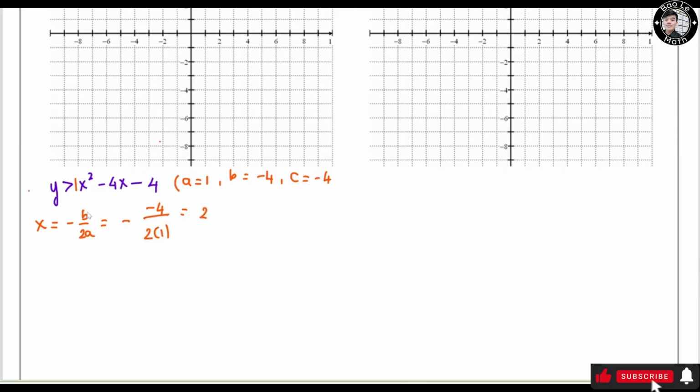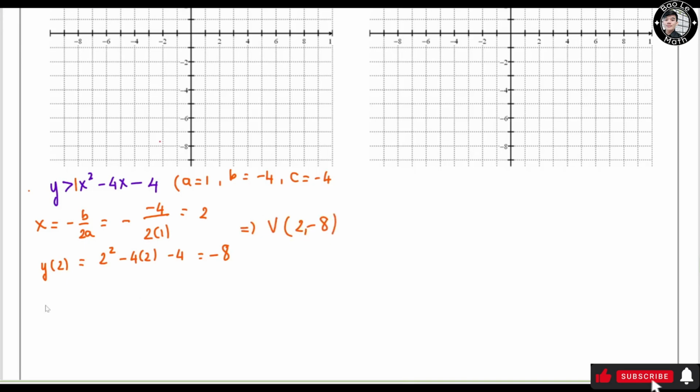Substitute 2 back over here to find the y value. So y of 2 equals 2 squared minus 4 times 2 minus 4, which is negative 8. So the vertex is (2, negative 8).